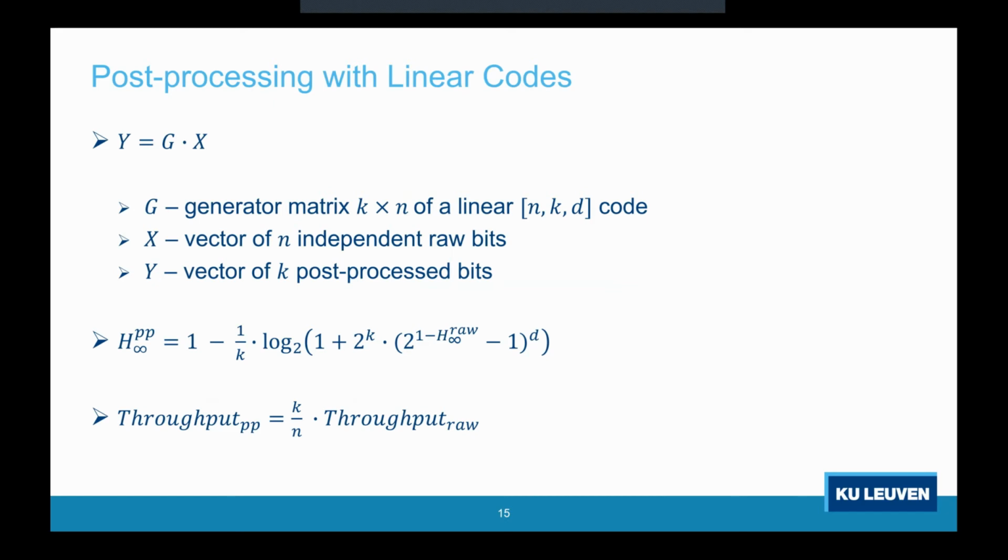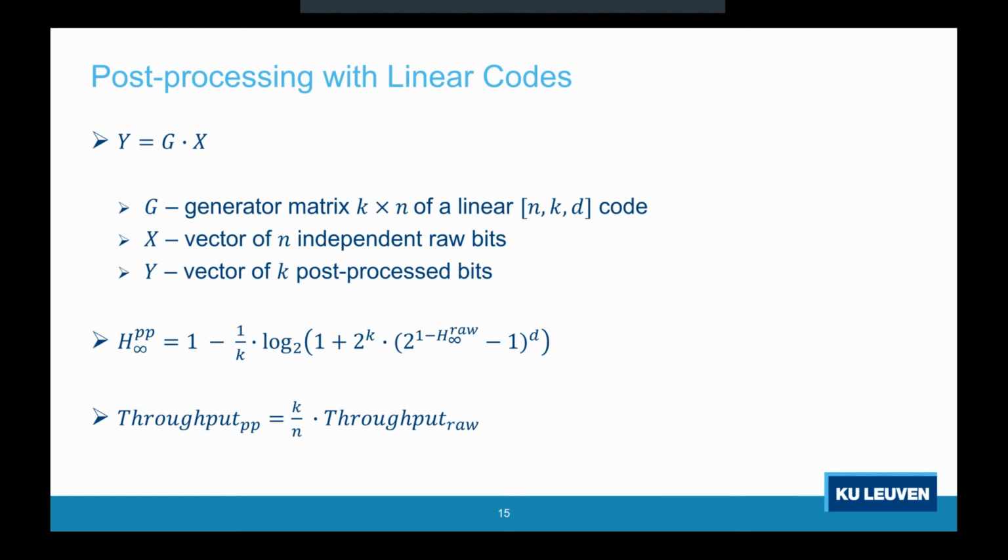That is, we have G, which is a k times n generator matrix of a binary linear [n, k, d] code, where n is its length, k its dimension, and d its distance, so standard notation. This matrix multiplies vector x, which is a vector of n raw random independent bits, which we obtain from the digitizers, and as a result, we obtain a vector y, which is a vector of k post-processed bits with a high enough entropy rate.